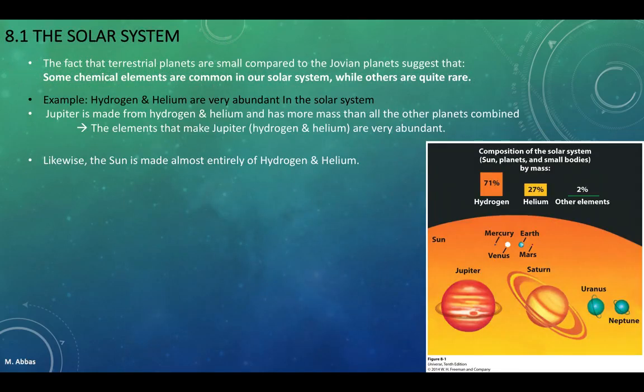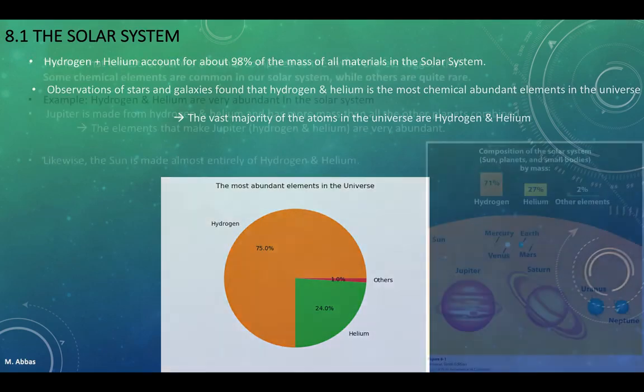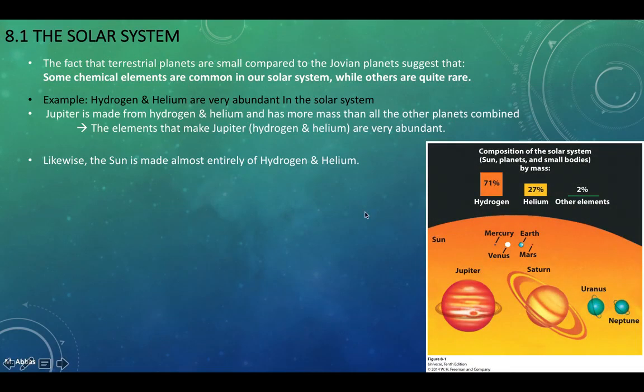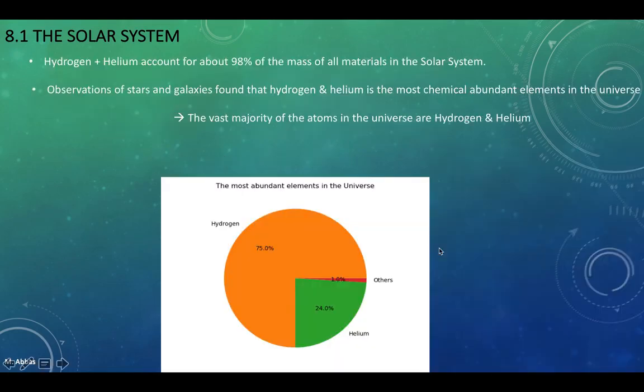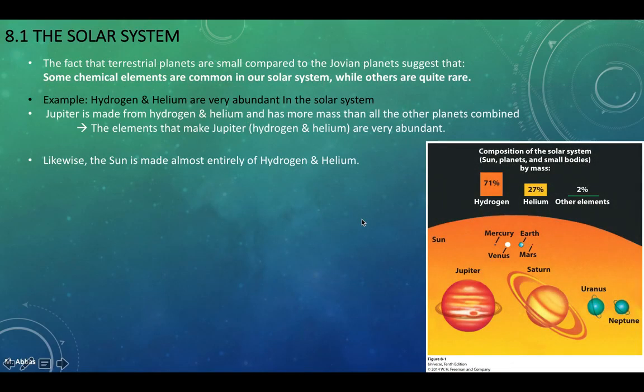Again, chapter 7. I don't want to confuse you, but this slide and this one are only trying to tell us the abundance of elements found in the universe and the abundance of elements found in our solar system. We have talked many times about the two most abundant elements in the universe, hydrogen and helium.